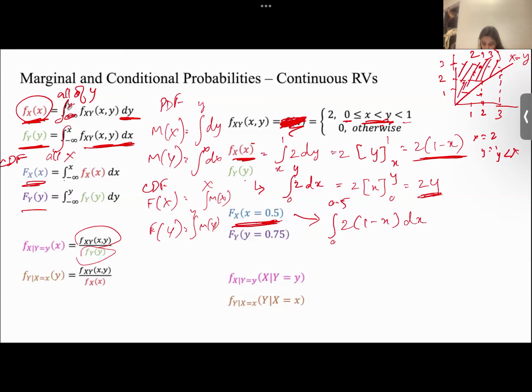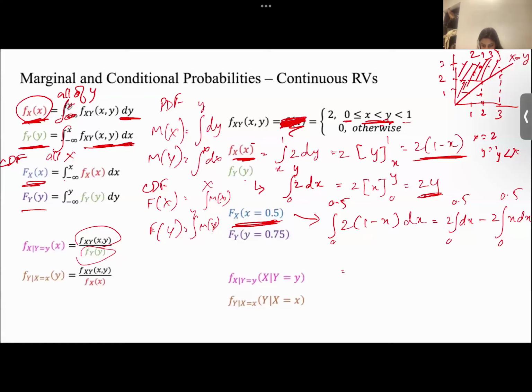And now solving this, you can split this into 2. So the 2 is a constant, 0 to 0.5 dx, minus, again, 2 is a common constant, and you have x dx, 0 to 0.5.